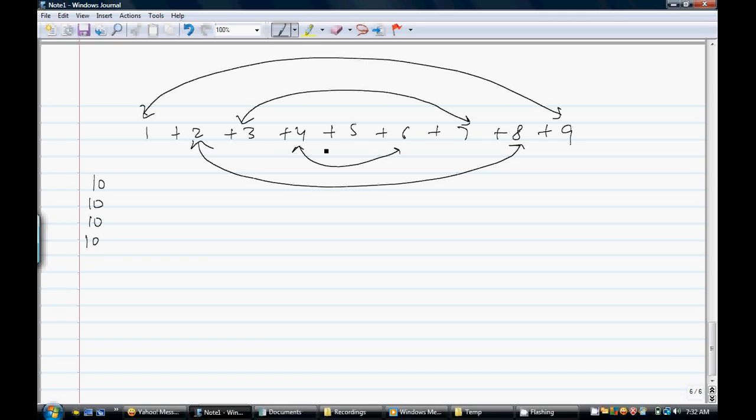And I'm left with 5. So if you add all this up, we have 4 times 10 and half times 10. So 4.5 into 10, or that is 9 by 2 into 10.